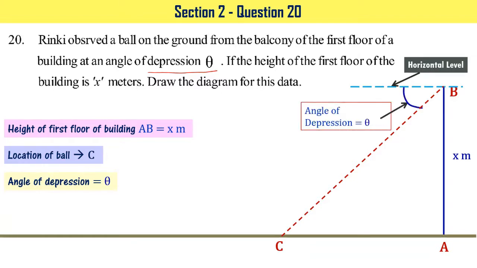So this is the angle of depression, that is equal to theta. And we know that alternate interior angles are going to be equal, right? It means angle BCA is equal to theta, right? Now you have a right triangle ABC, where angle C is equal to theta, which is an acute angle, right?